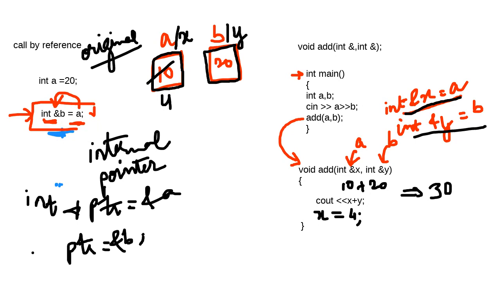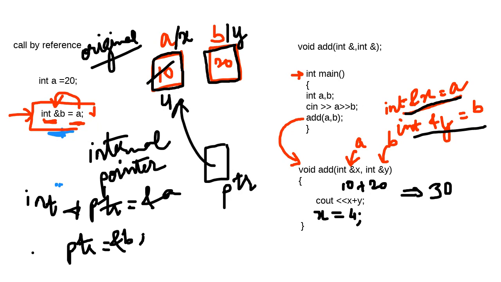That's one difference. And internally no new location is created for x and y. You're just giving two different names to the same location itself. But with pointers, a location will be created for ptr, which will further refer to this.